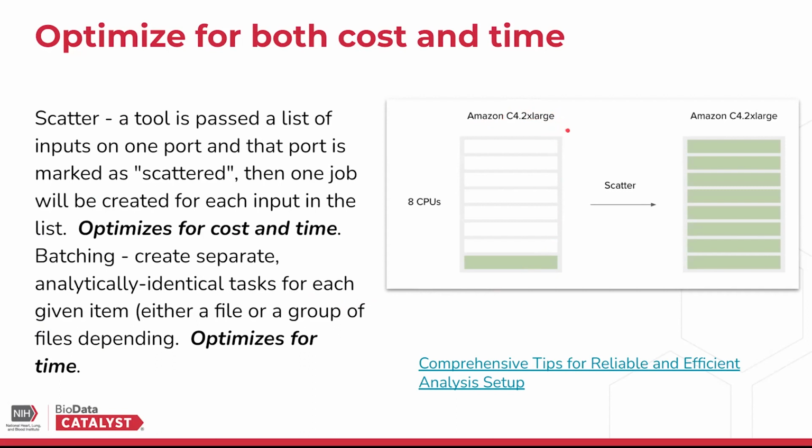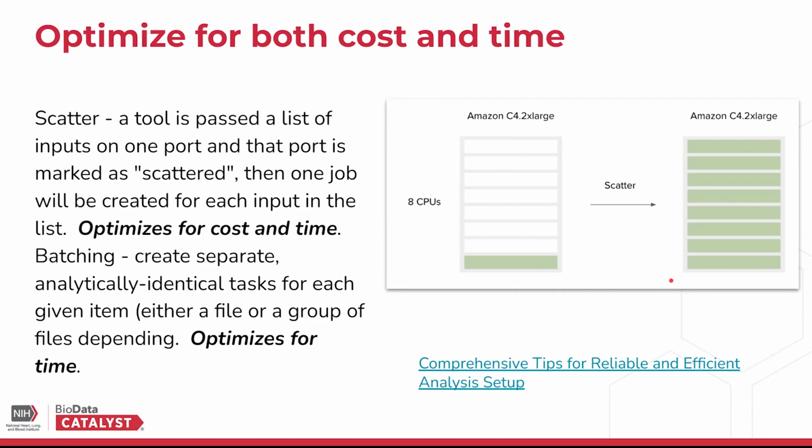But if you're not using the CPUs efficiently, you're not optimizing for cost or time. So your job's going to take longer, but you're also being inefficient as well. So you should turn scattering on to be able to use the one CPU per job.